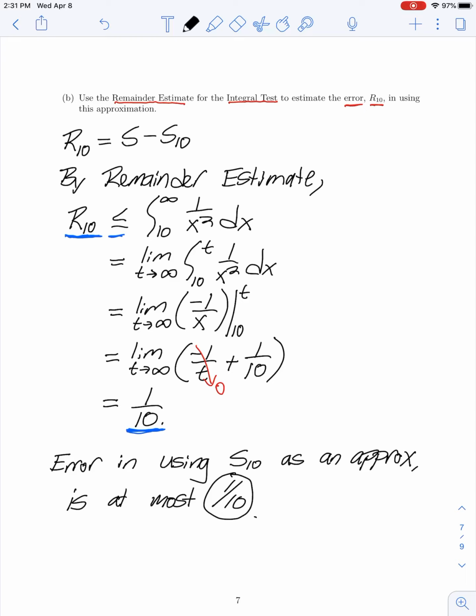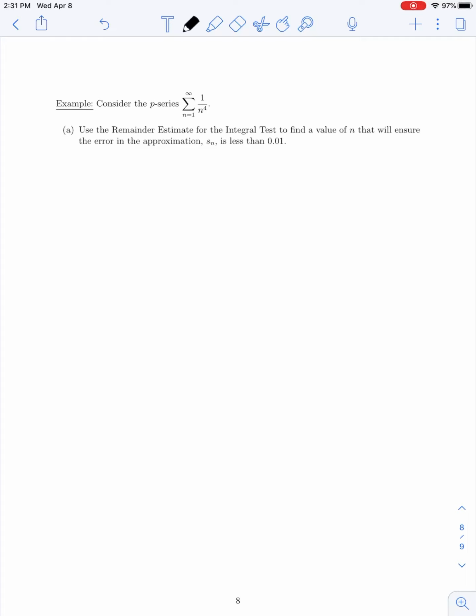So let's look at another example that sort of works in the opposite direction of this one. Here, let's consider the p-series sum from 1 to infinity of 1 over n to the 4th. We know that this converges because our power p is greater than 1.